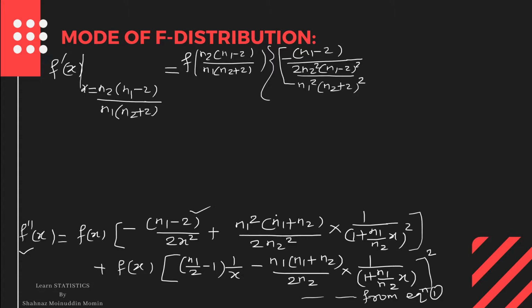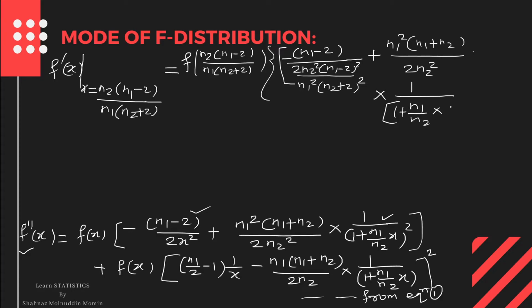Now I will write this term plus constants as they are, n1 square n1 plus n2 by twice n2 square into, let me write here, the equation is more lengthy but we will solve it very carefully and easily.